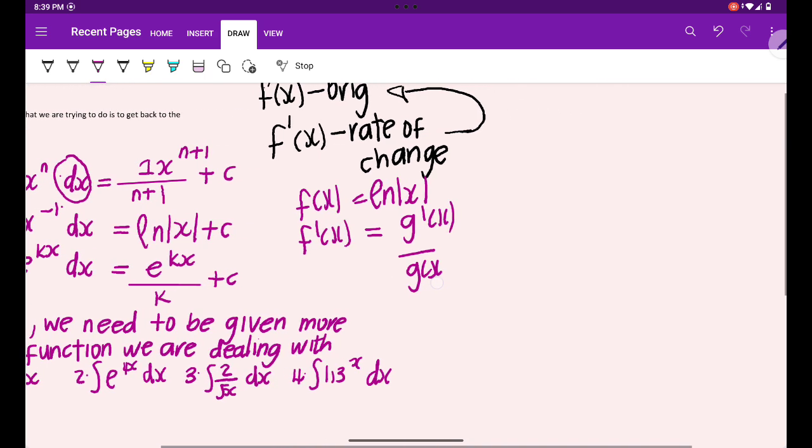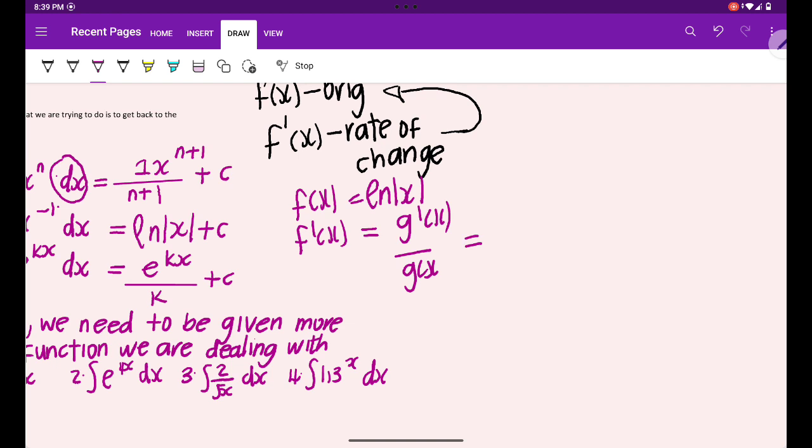Our function was ln x, so to find the derivative of ln x, use this rule g1 of x over g of x. You will have 1, because when you differentiate x you get 1, over the function as it is.